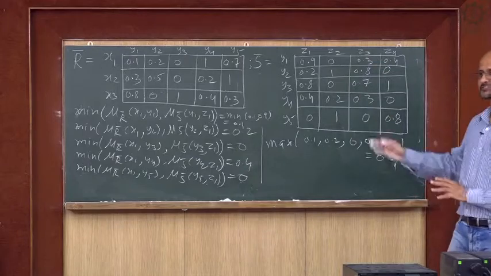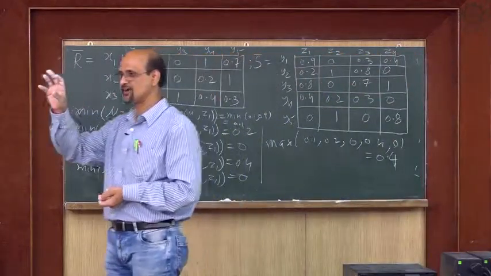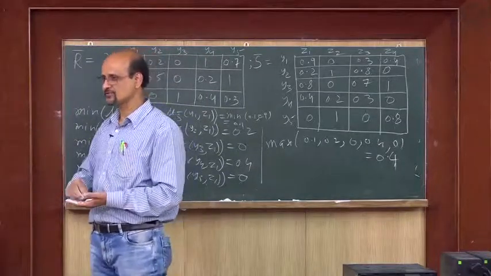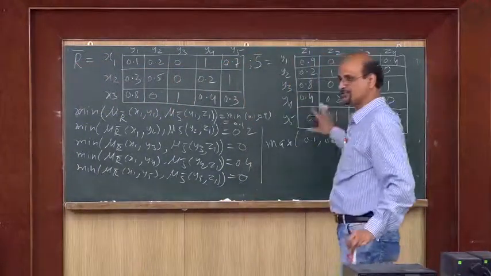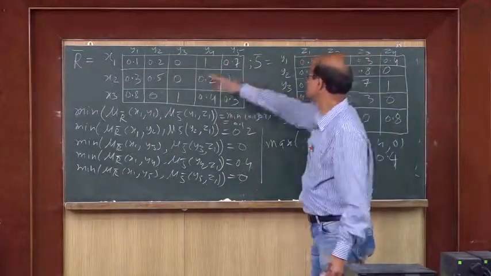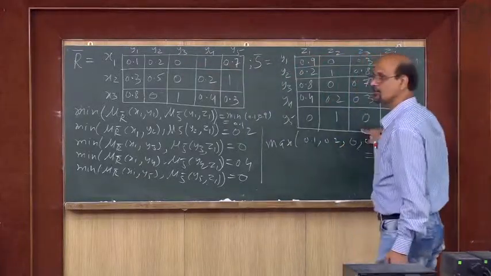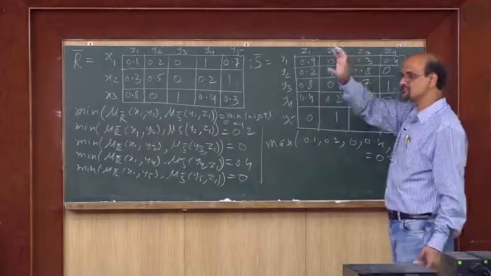Okay. So that's why it is max-min. So you got the first entry, as you get in matrix multiplication similarly. If I do all these calculations now, first row, third column, first row, fourth column, you will get the first row of R dot S.